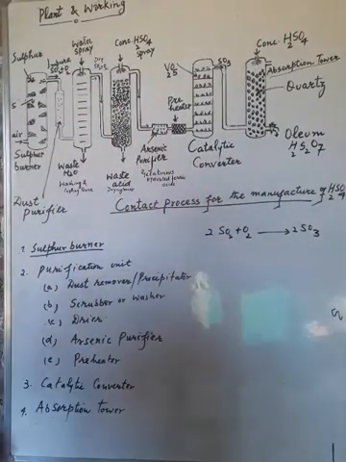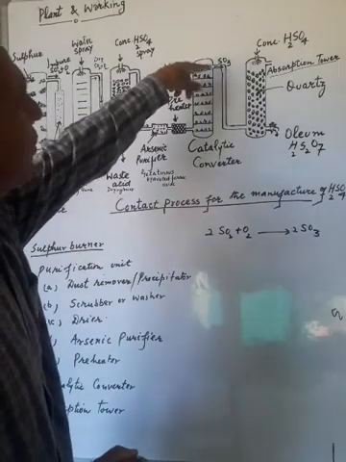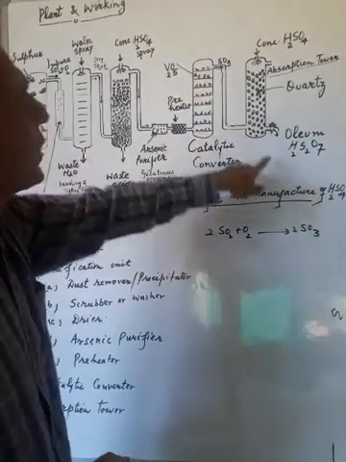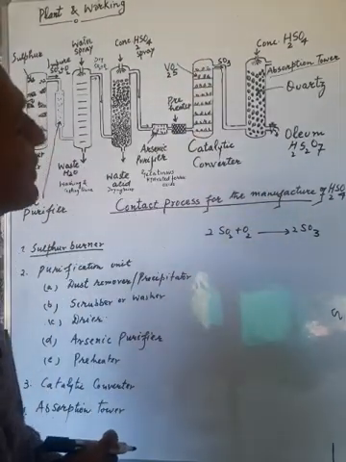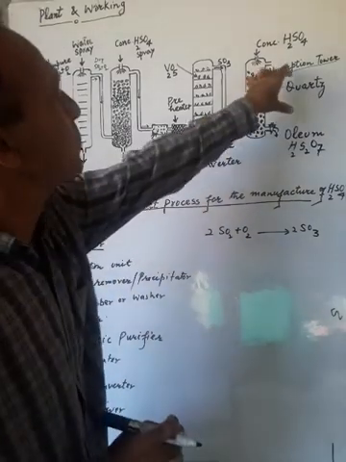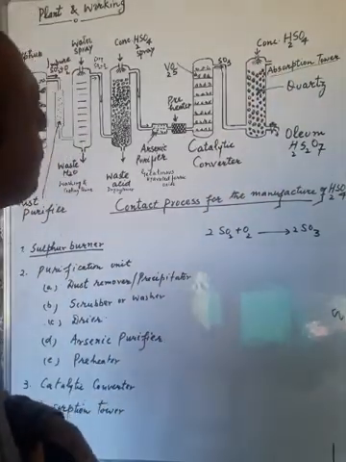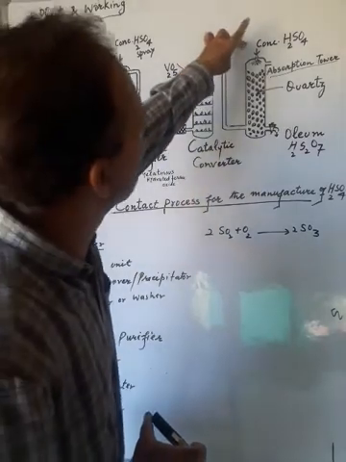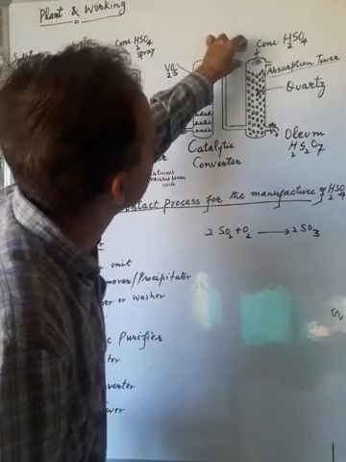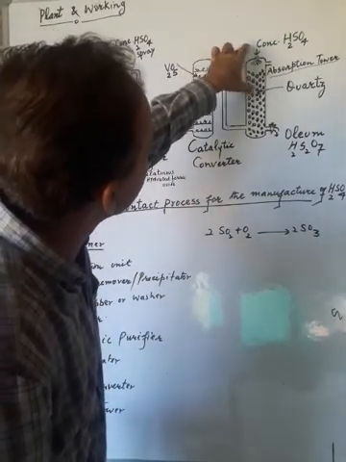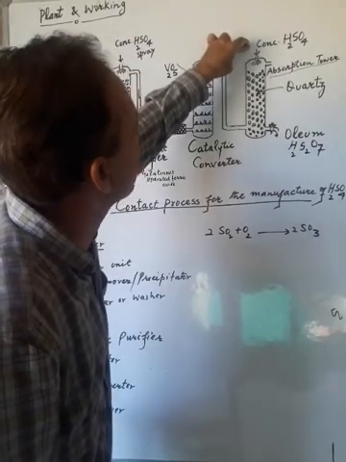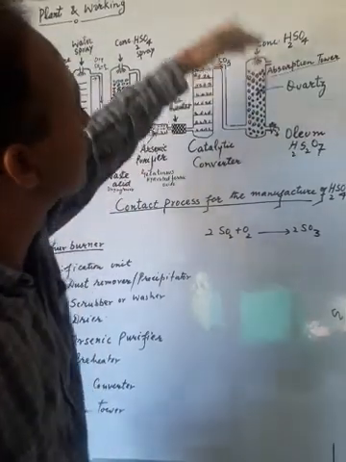After this, the sulfur trioxide is allowed to pass into another tower, which is called the absorption tower. From the top of this tower concentrated sulfuric acid is sprayed.